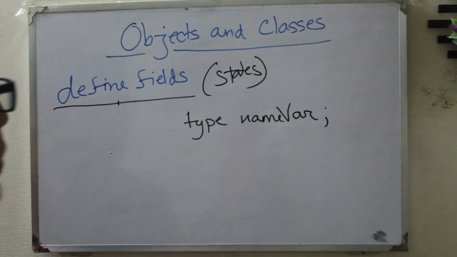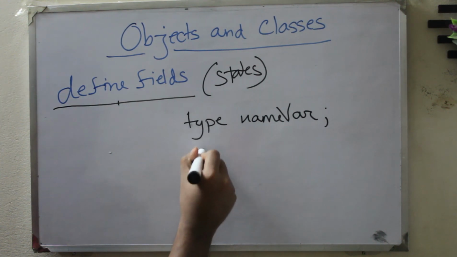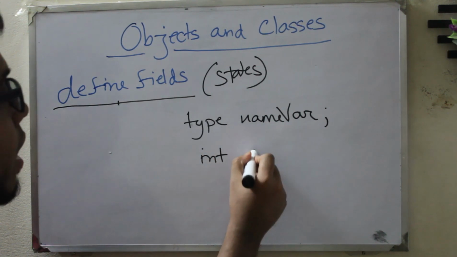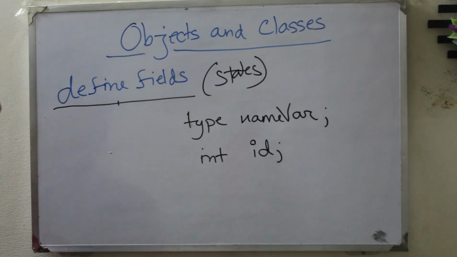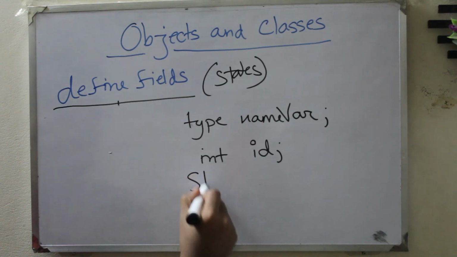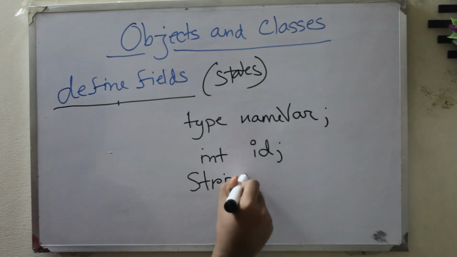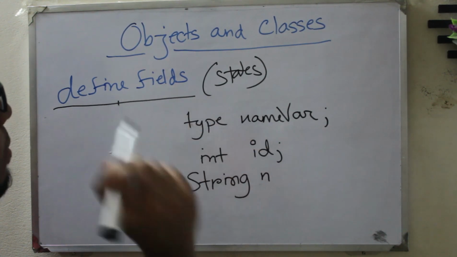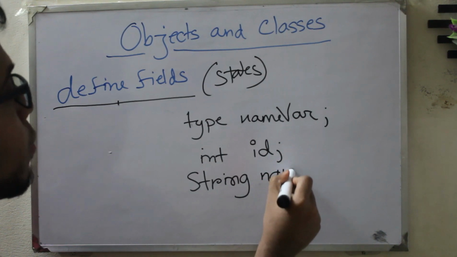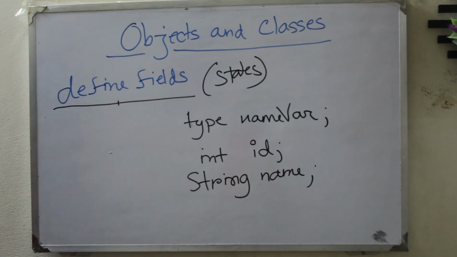So we're going to define the type. What is the data type? The data type is integer for ID. And when we're defining another field which is name, the data type is string. Okay? This is string, and the variable name is name, which holds the name of a specific student here. So this is how we define the fields inside a class.